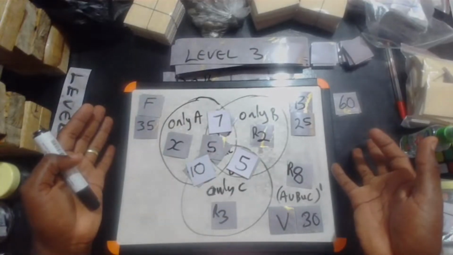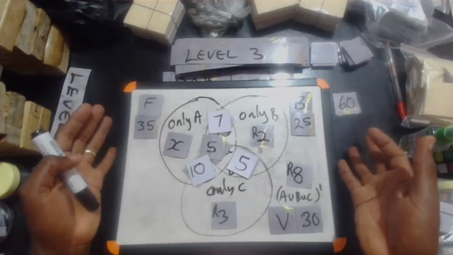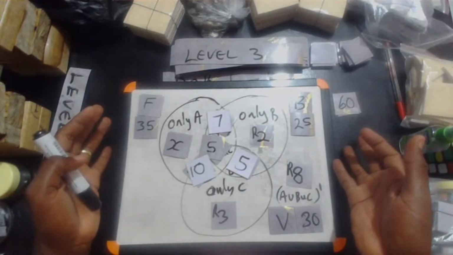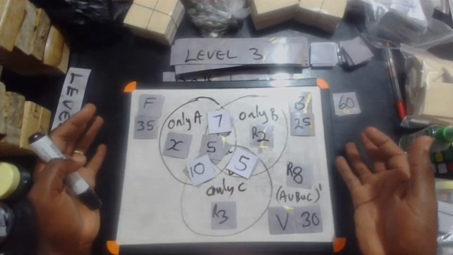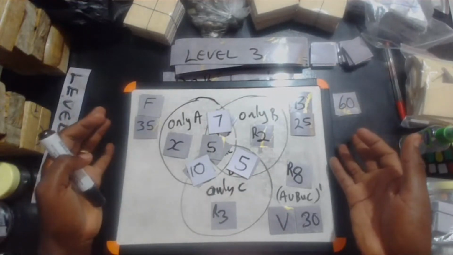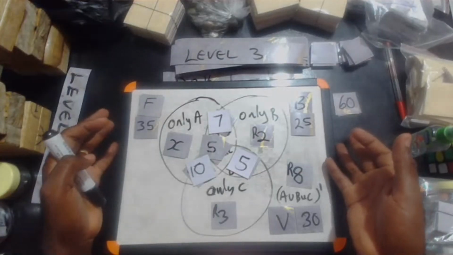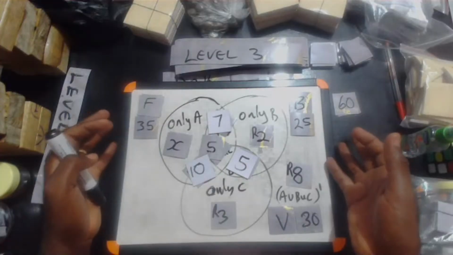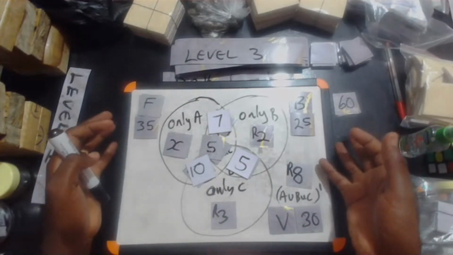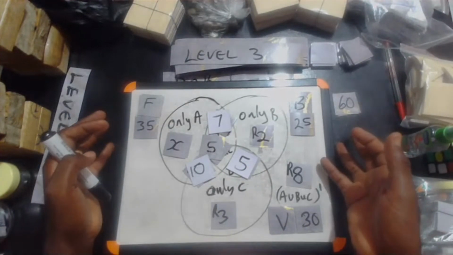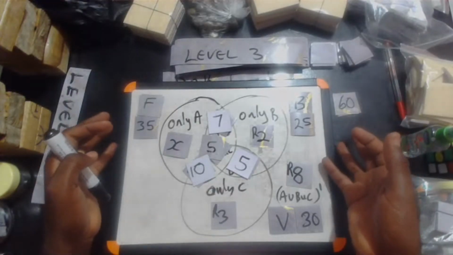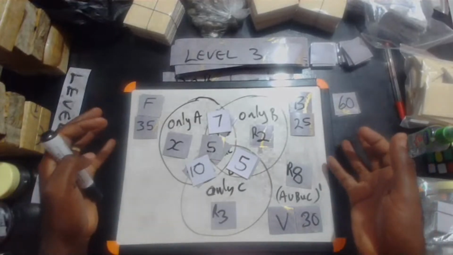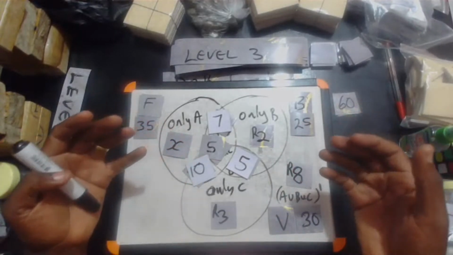The results showed that 60 fishermen use nets, 50 use lines, 40 use traps, 30 use nets and lines, 25 use nets and traps, 20 use lines and traps, and 10 use all three methods. So see whether you can figure this level 3 question out.